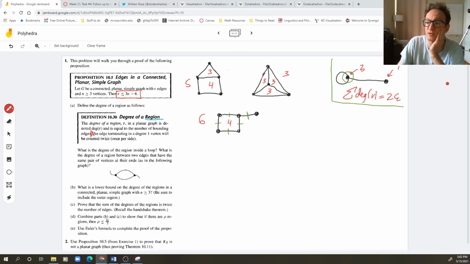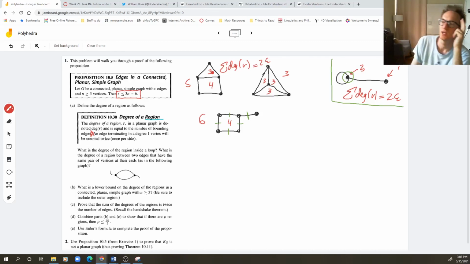Like if you go up here to this normal one, what's true? Well, I want it to be true that the sum of the degrees of all the regions is twice the number of edges. And of course, that's just true because every region in this normal graph has a certain number of edges, the degree of that region, and if I sum up all the degrees of those regions, I'm counting all the edges twice, and so that's going to be twice the number of edges.